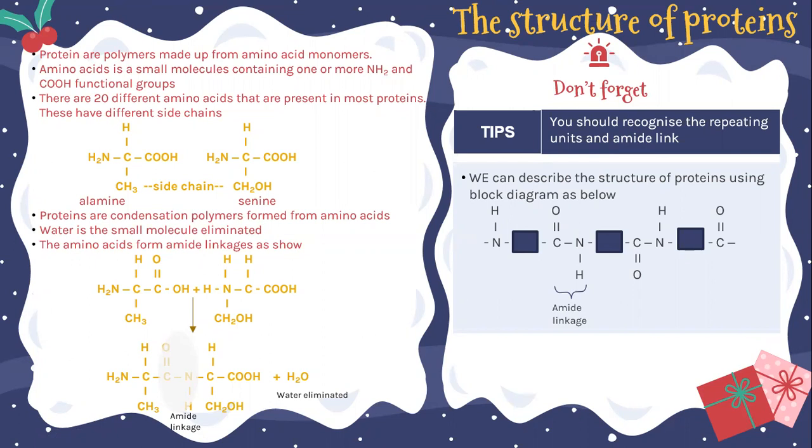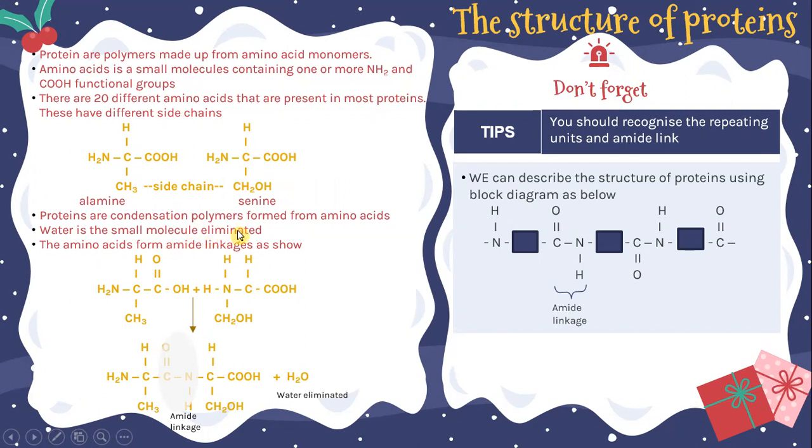There are 20 different amino acids that are present in most proteins. These have different side chains. You can see from this alanine, they have this combination.